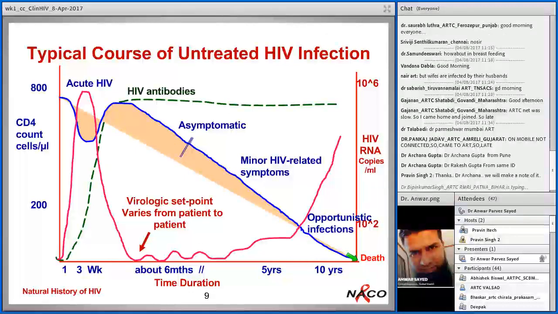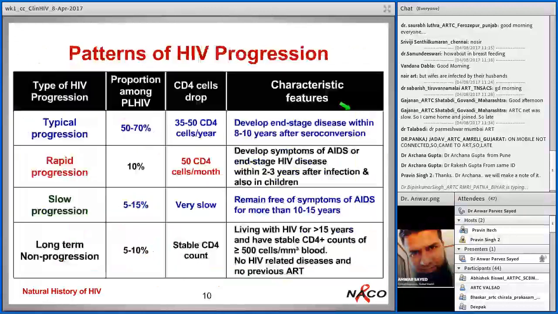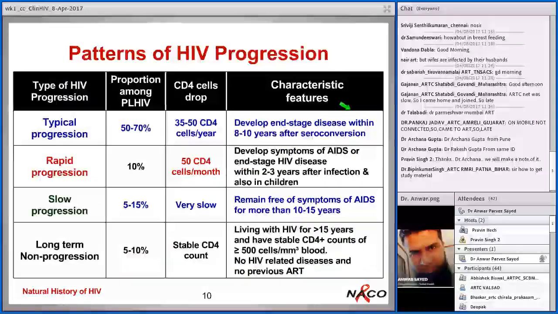That is why you will see them inversely proportional to each other. The antibodies are not formed initially for a few weeks, but once they are formed, they usually remain lifelong in a person's body. So this is a typical course of untreated HIV infection, but when you start treatment, all this gets reversed. That means viral load will come down and CD4 will go high.